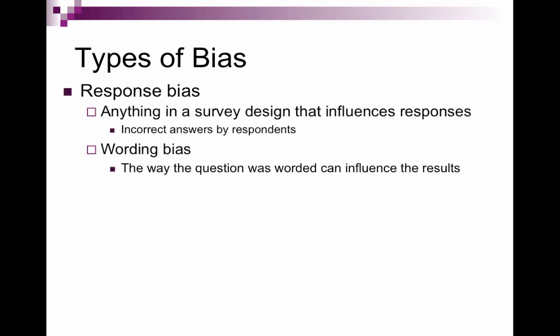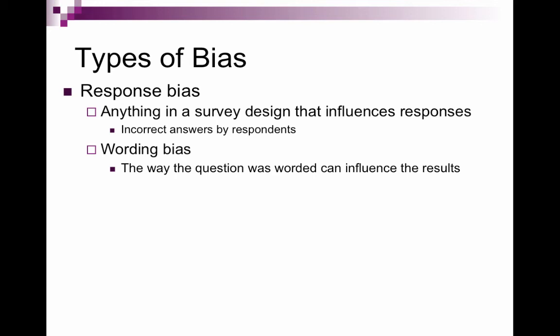Another type of bias is response bias. Anything in a survey design that influences responses is a type of response bias. Typically, you get incorrect answers by respondents for it to be a response bias. And this can go basically with the design of the survey. For example, let's say that you're trying to determine how many students at Hackett cheat.